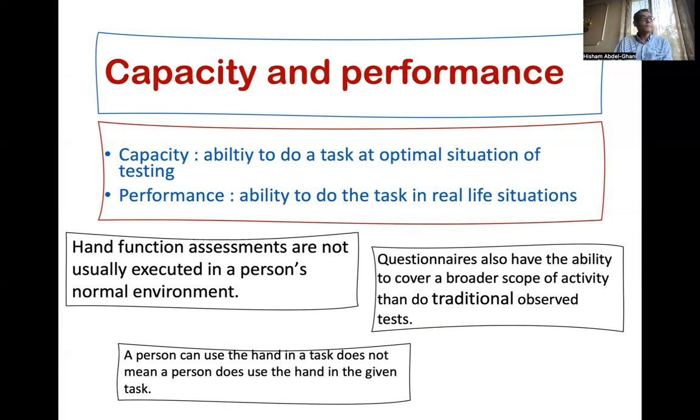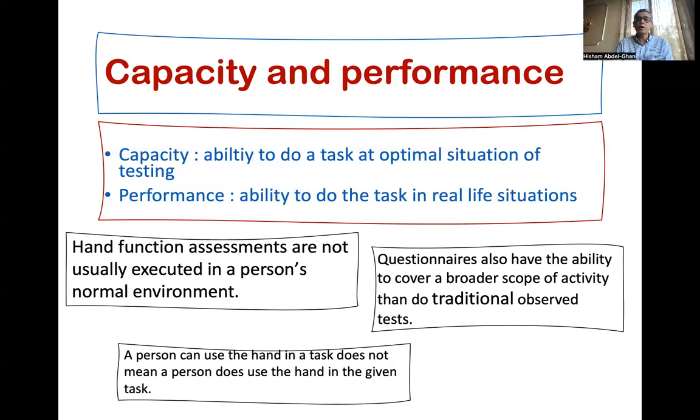What does this mean? It means that when I examine the patient, I ask him to do this and he does it, to close this and he closes it, to hold this square, put this cube inside that, open this box, and he can do all of this. But does he do these things in his real life situation? If he can, this is performance. The capacity may be present, but in real life he does not perform. This may be because of many causes, like what we said before: sensation, poor selective motor control, weakness, many things that make the patient able to do things at the time of examination, but in a real life scenario he does not.